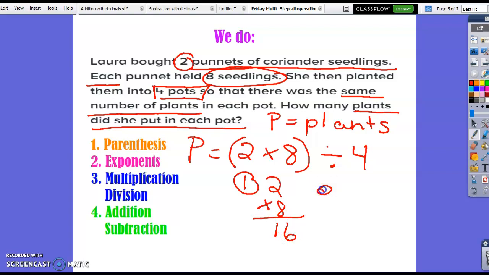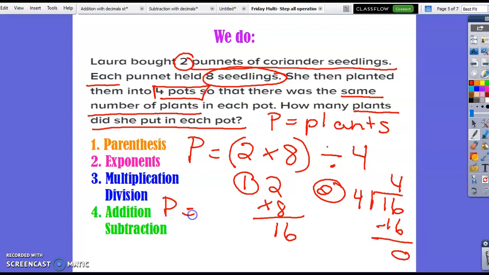And then your step 2, you should have 4 on the outside, 16 divided by 4, and that is 4. 4 times 4 is 16, and you end up with a 0. So your final answer should have been P, or plants, equals 4.